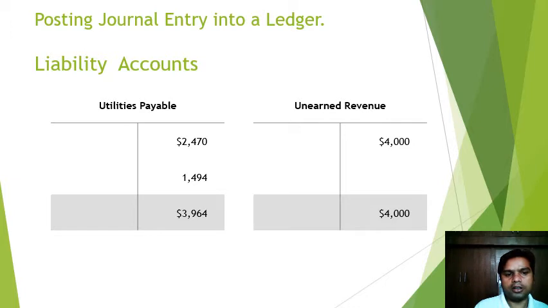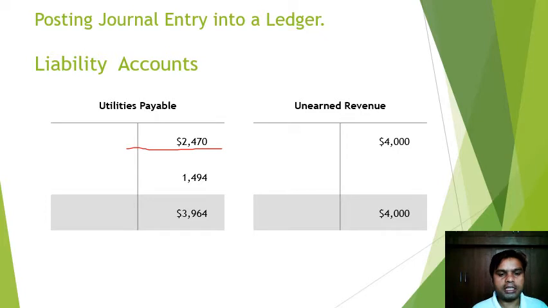So first, on your screen you can see the liability accounts, in which is utilities payable. You will remember that on January 13 we had a utility bill for electricity, and the amount was $2470.